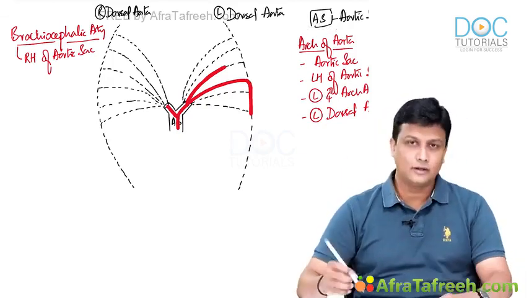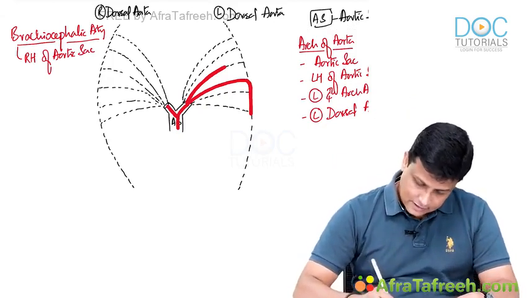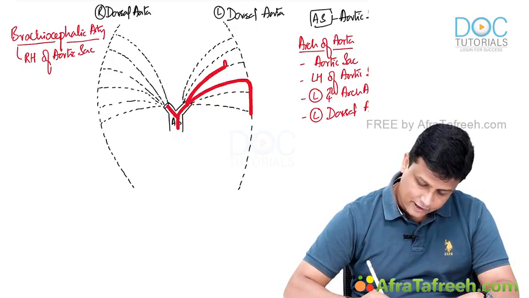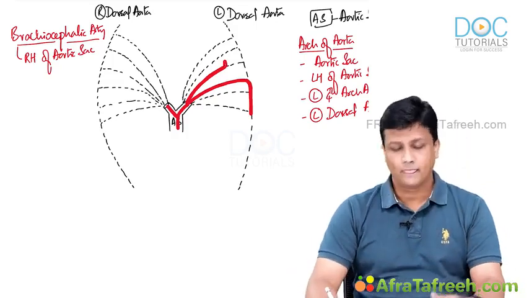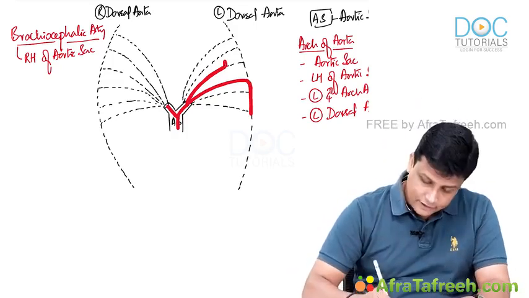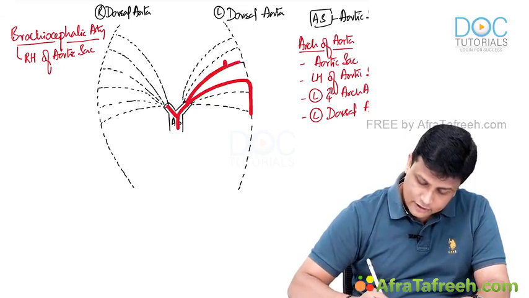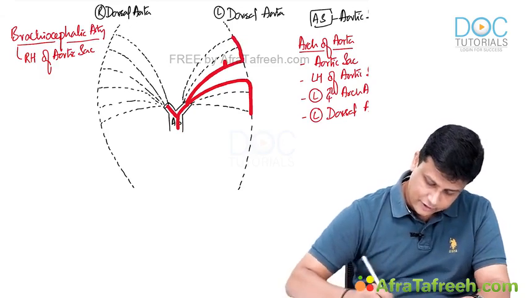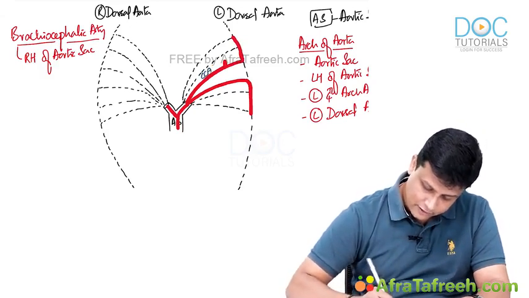So therefore, my dear friends, this common carotid artery will give a bud here, and that bud is developing into the external carotid artery. And further, it will continue as your internal carotid artery. So let me just write down here. This one is common carotid artery.